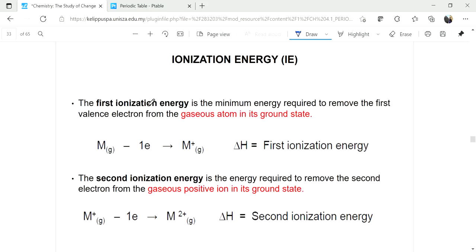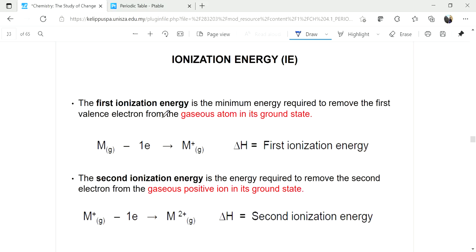So first it will undergo the first ionization energy to remove the first electron, and then it will go to the second ionization energy to remove the second electron, and then it will undergo a third ionization energy to remove the third electron.